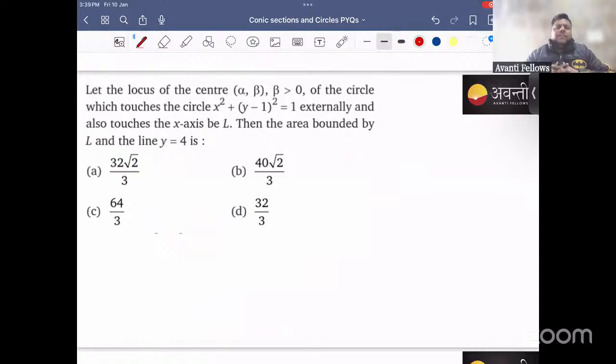Let the locus of the center (alpha, beta), beta more than 0, of the circle which touches this circle externally and also touches the x-axis be L. Then find the area bounded by L and the line y equals 4. See, this is a very good question.